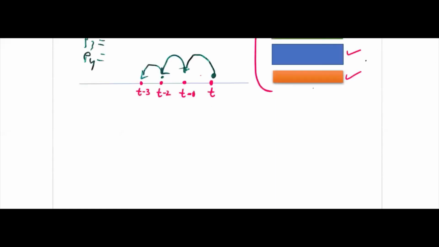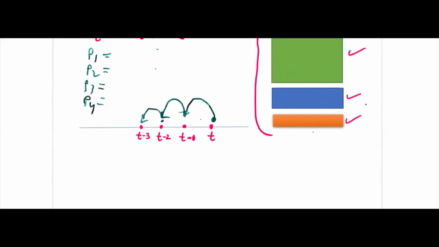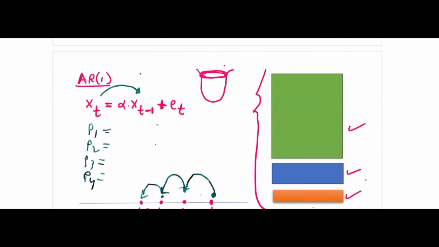Now, how to find partial autocorrelations from autocorrelations? As I mentioned before, you won't get partial autocorrelations directly. Suppose I have a link with someone, my wife's sister. I have some relation with her through my wife.